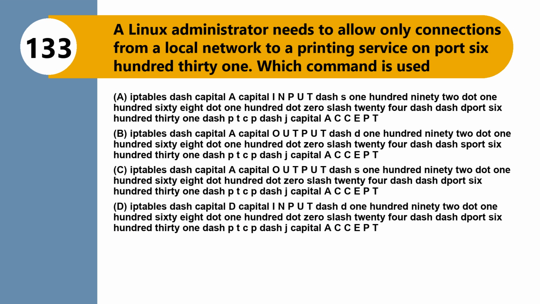Question 133. A Linux administrator needs to allow only connections from a local network to a printing service on port 631. Which command is used? Option A, iptables -s 192.168.100.0/24 --port 631 -p tcp -j ACCEPT. Option B, iptables -output -d 192.168.100.0/24 --sport 631 -p tcp -j ACCEPT.